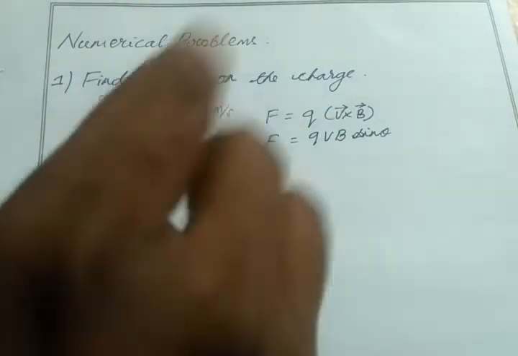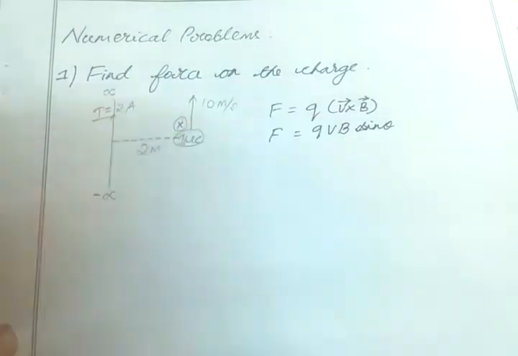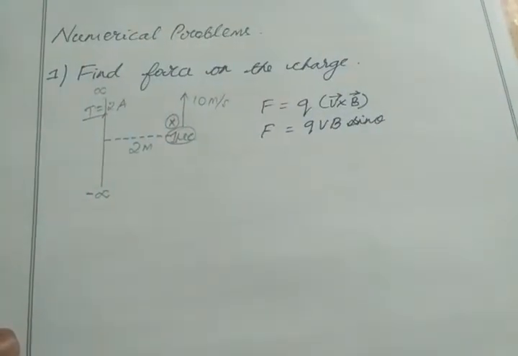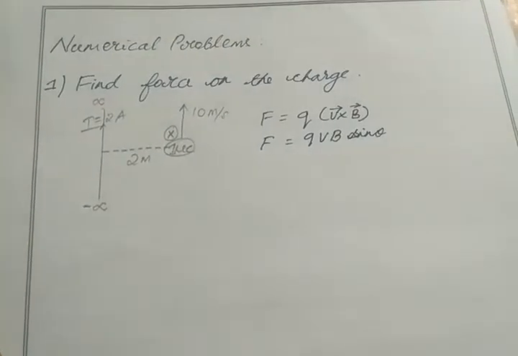If it is on the left side of the conductor, then my four fingers come outwards. So here I have a cross magnetic field because the four fingers go inwards.